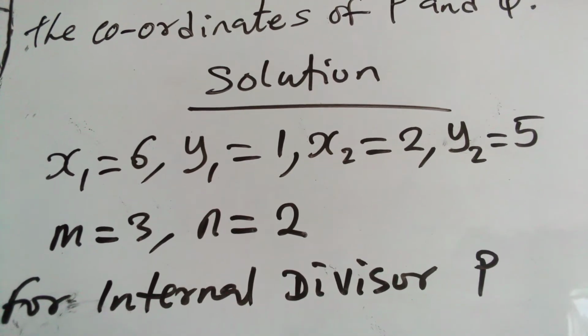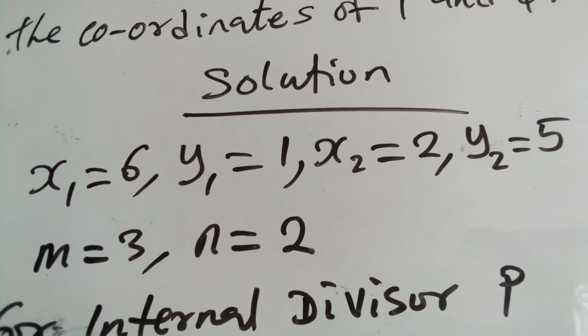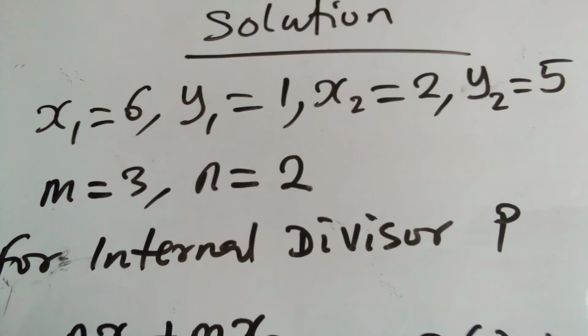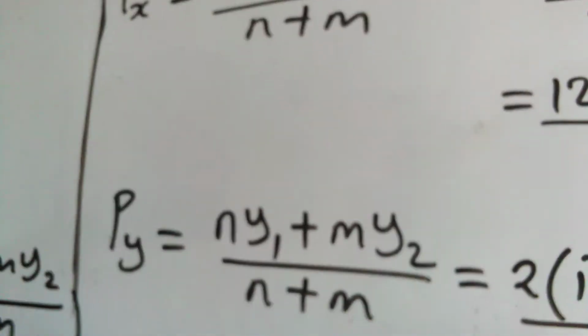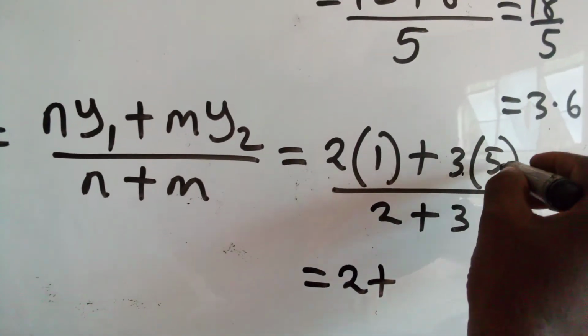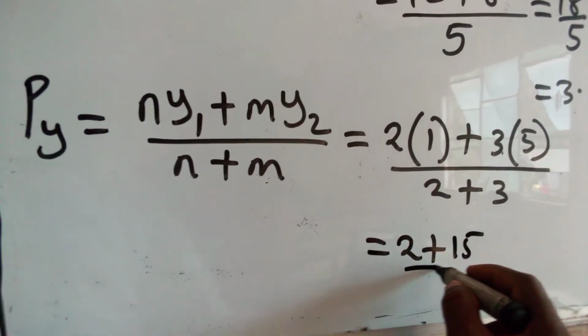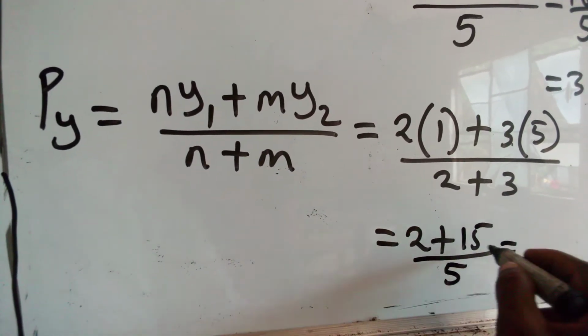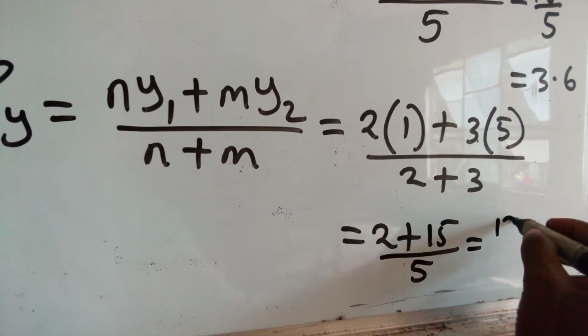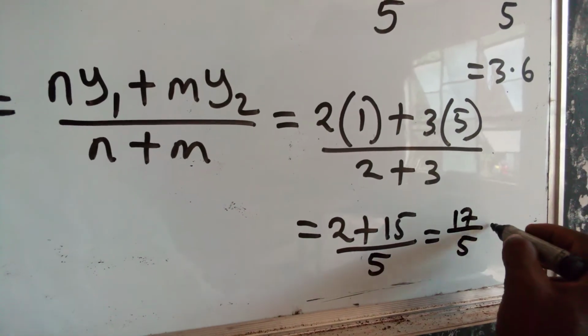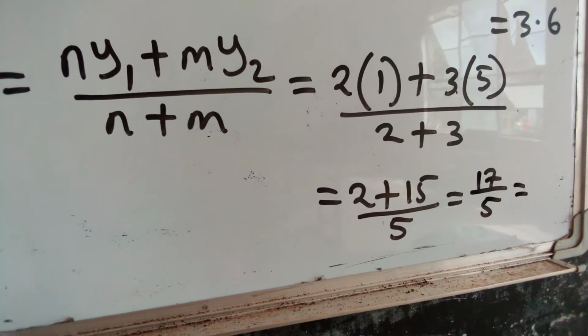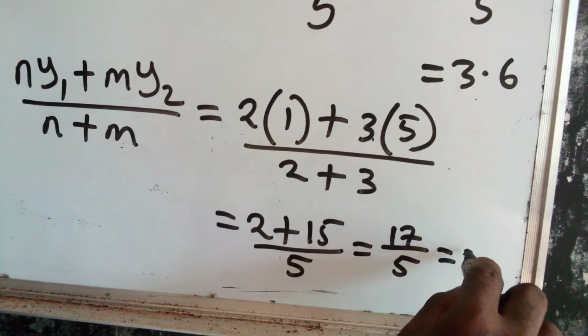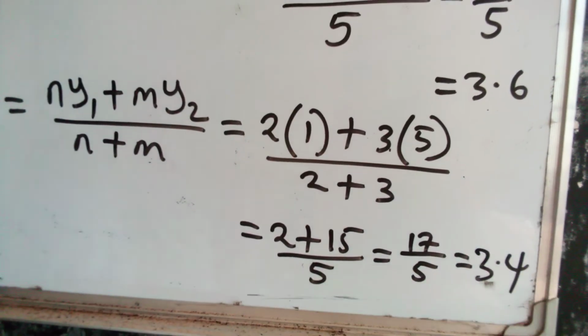So all over n, which is 2, plus m, which is 3. So 2 times 1 is 2. 3 times 5 is 15, all over 5. 15 plus 2 is what? 17. 17 divided by 5. If you have your calculator, it will give you 3.4.